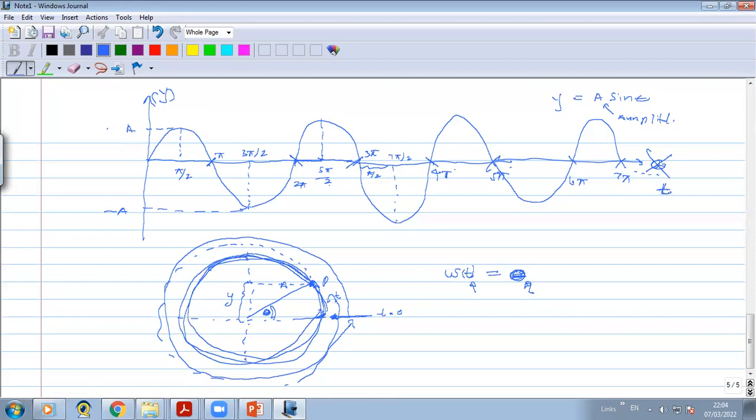So instead of this theta we can put omega t. Now these are not angles; these are time points, some time points.